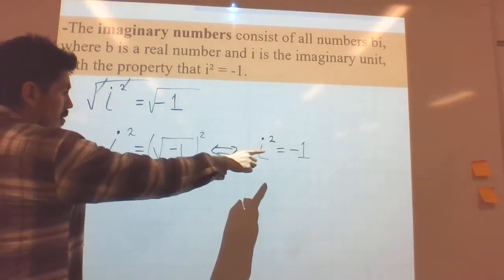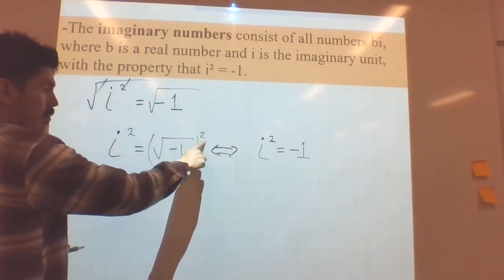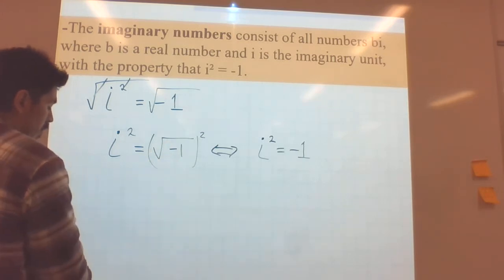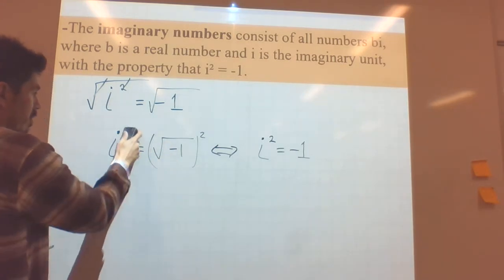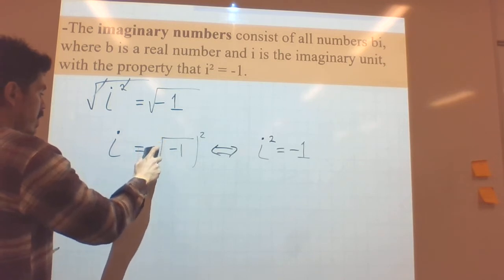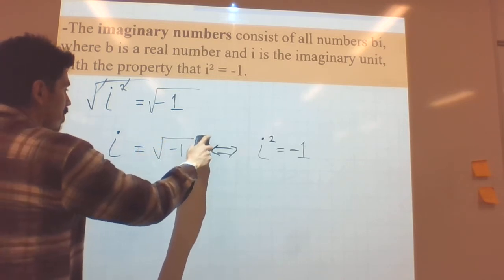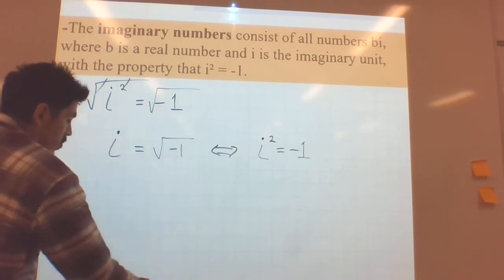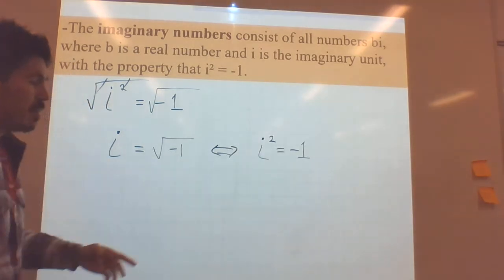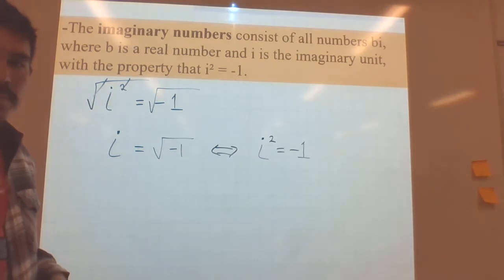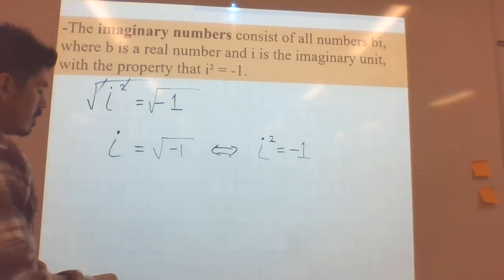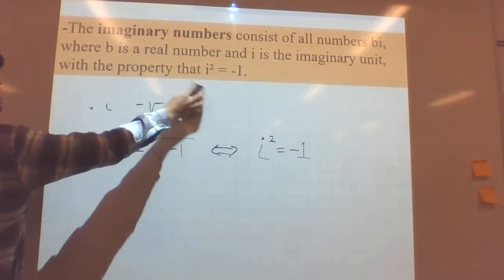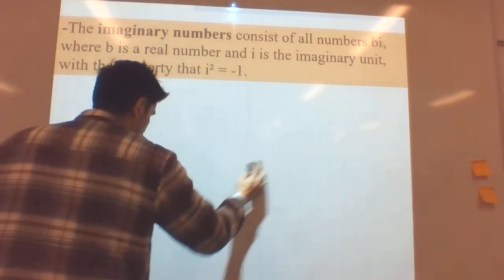This turns into that, because again, the power of 2 undoes the radical. So we're going to use that as a reminder that whenever we see negative radicals, i squared always equals negative 1. Okay? So make sure we write this down, or take a mental note of this.